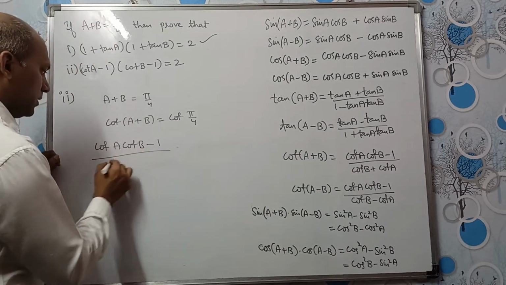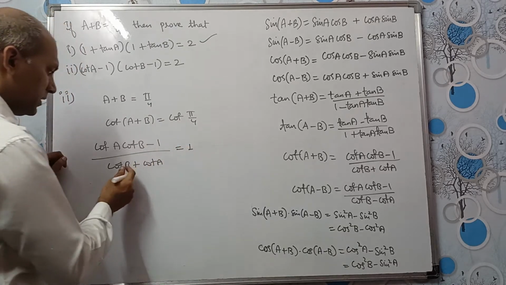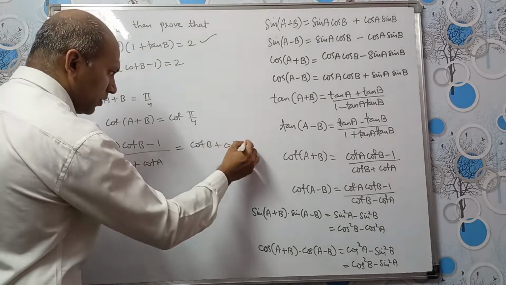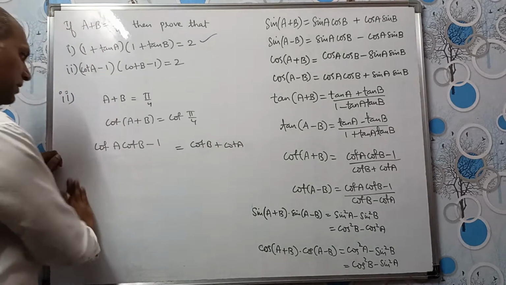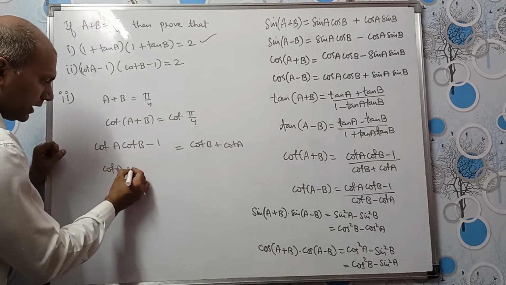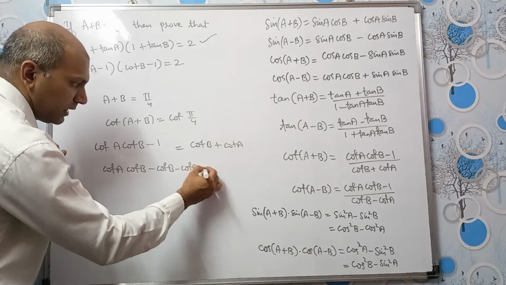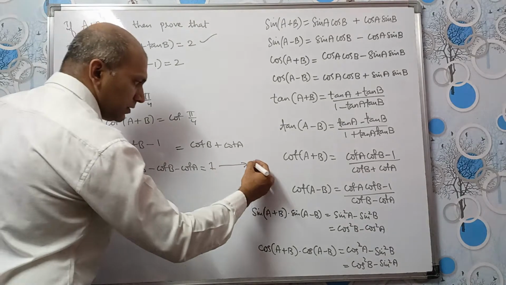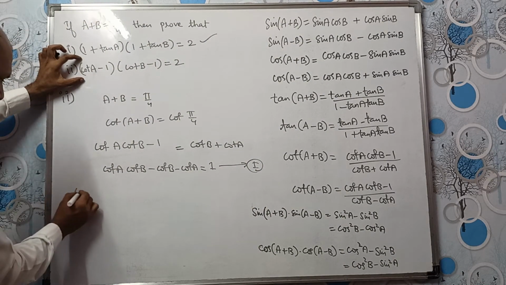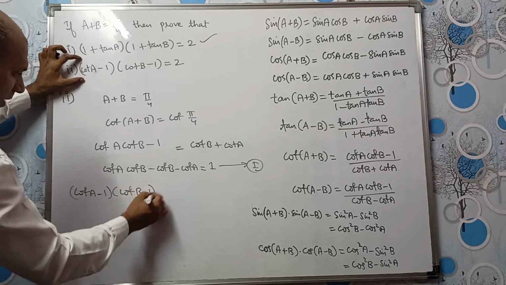The expansion will be cot A cot B minus 1 is equal to cot B plus cot A. Now send this cot B cot A this side. We will have cot A cot B minus cot B minus cot A equal to 1 on the other side. So let us take this as equation 1. Now what is given here? We need to find cot A minus 1 multiplied by cot B minus 1.